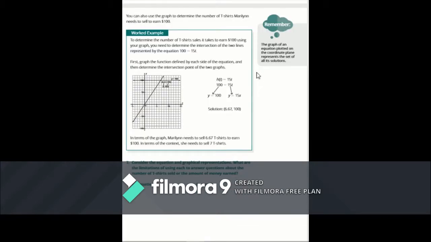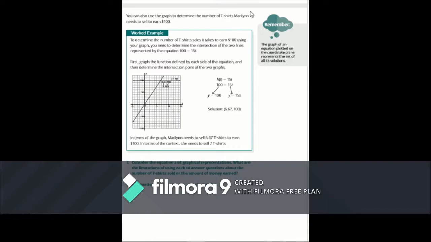We have a worked example, so you can also use the graph to determine the number of t-shirts Marilyn needs to sell to earn $100. Our worked example says to determine the number of t-shirt sales it takes to earn $100 using your graph, you need to determine the intersection of the two lines represented by the equation 100 equals 15t.